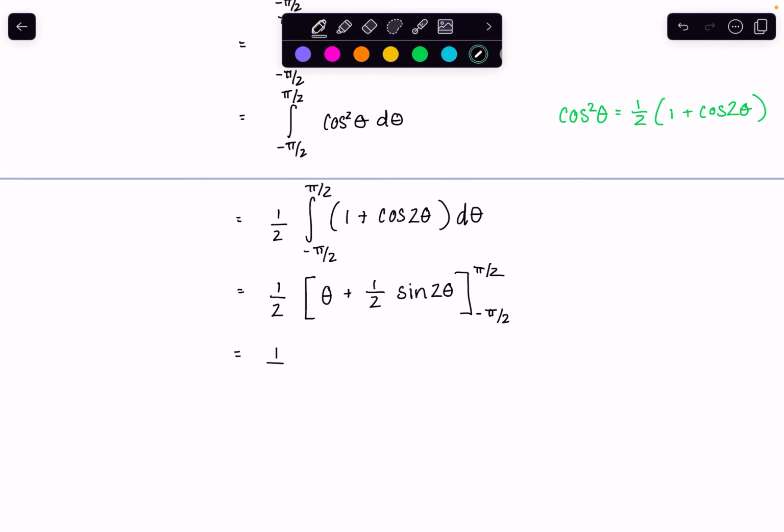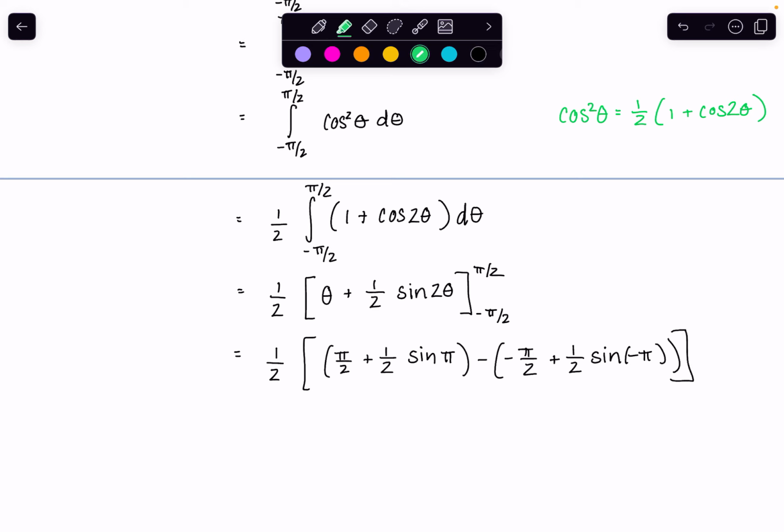And plugging in our values, the upper bound gives you pi over 2 plus 1/2 sine. When you times that by 2, you get sine of pi. And then we subtract negative pi over 2 plus 1/2 sine of negative pi.